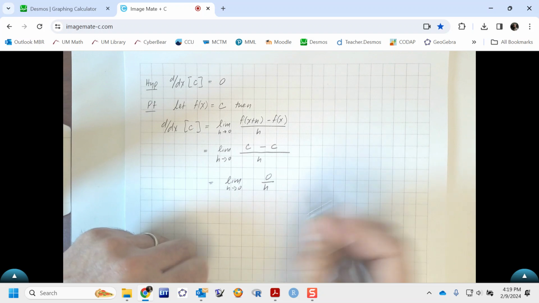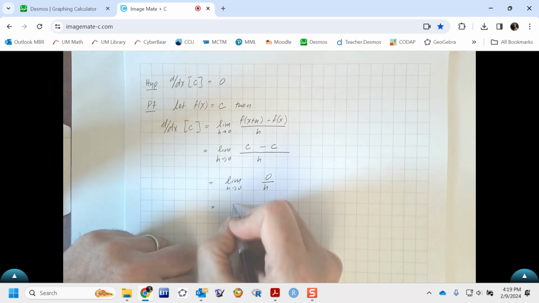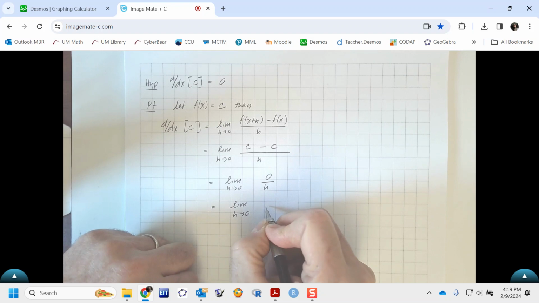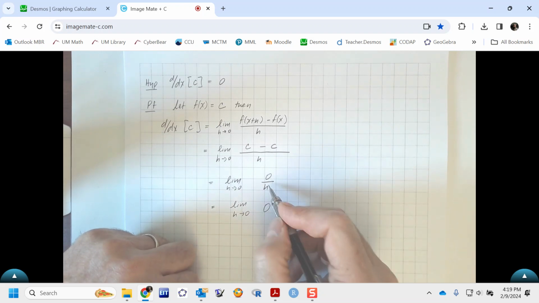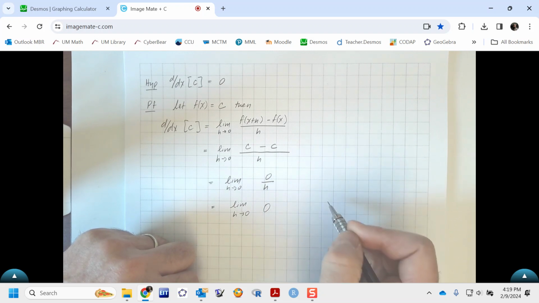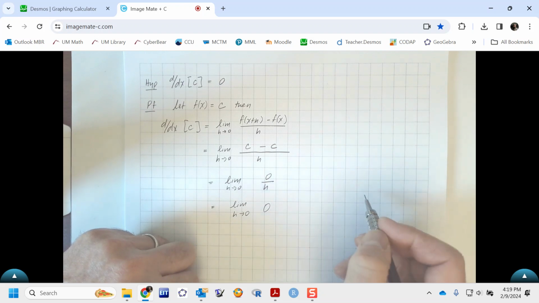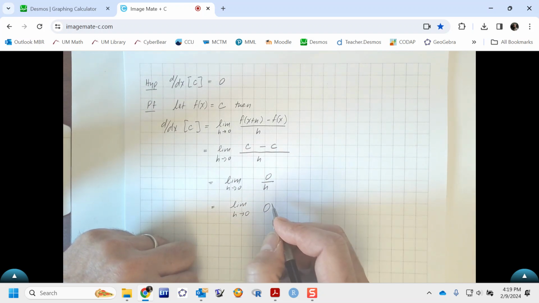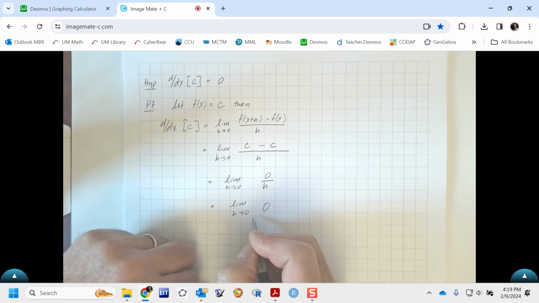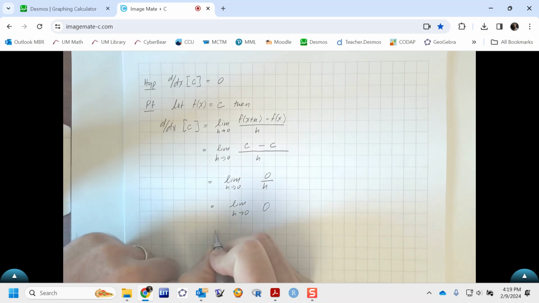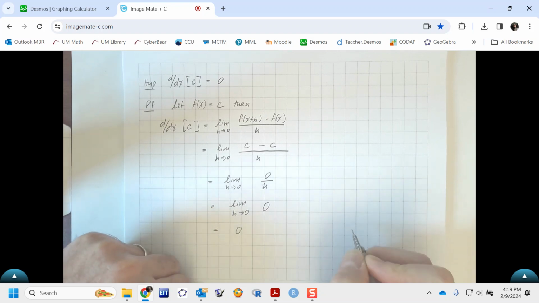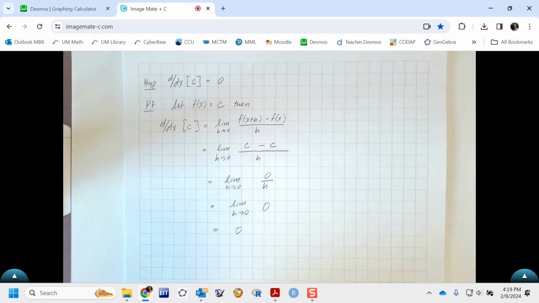And 0 divided by anything is just 0. Just to convince yourself, division asks how many of these are in there, and in 0 there are none. So we get the limit as h goes to 0 of 0, which of course is equal to 0, and we've proved our statement.